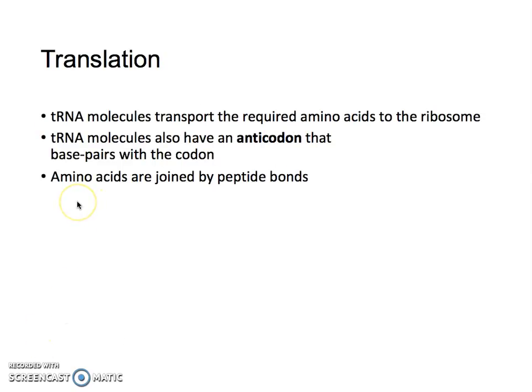tRNA molecules transport the required amino acid to the gene. Now, if you do not have the required amino acid, that protein does not get made. And this is where a concern in vegan diets comes in. If you do not have appropriate amino acids in your vegan diet, some of your genes will not get expressed.